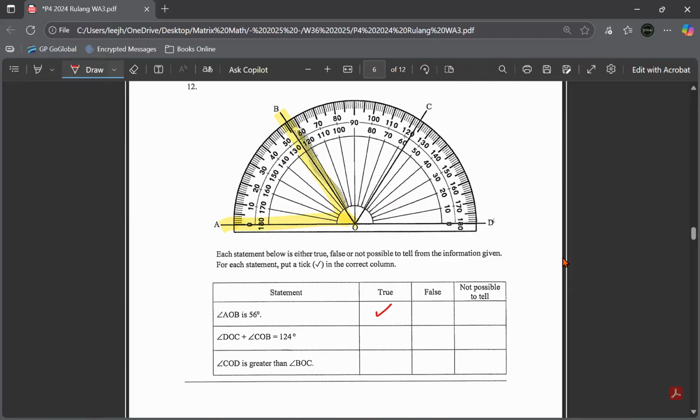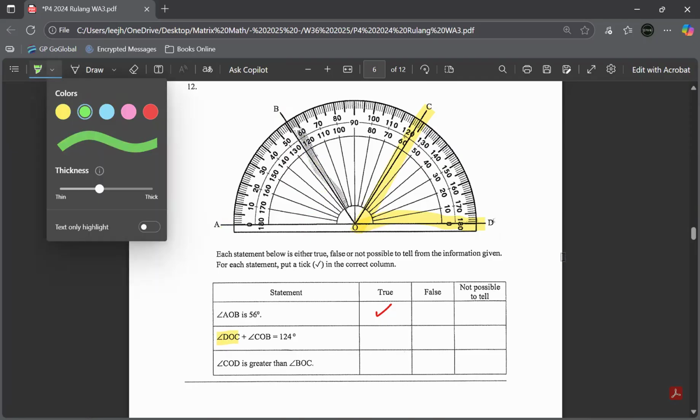The second one. Angle DOC plus angle COB is 124. Where is DOC? DOC is here, plus COB.